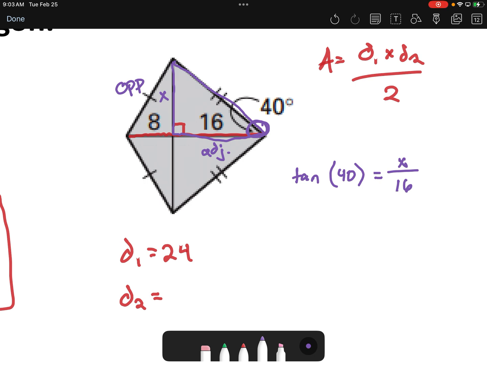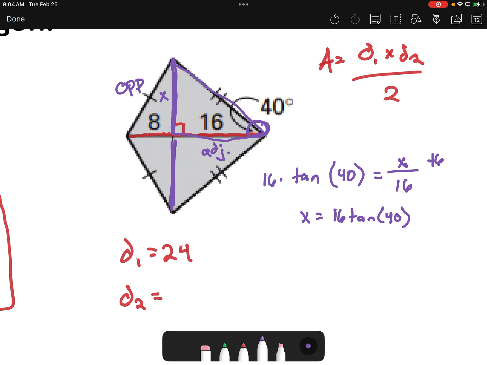This one's the easy part of the process we took before. How do you solve for X? Multiply by 16. And that's what X equals. So X equals 16 tangent of 40. Now, that is only this X right here, and we need this one as well, right here. Is that going to be the same as X?